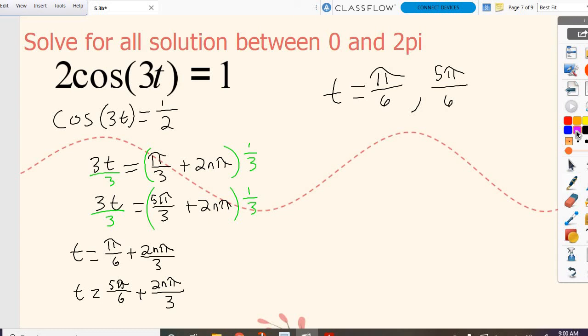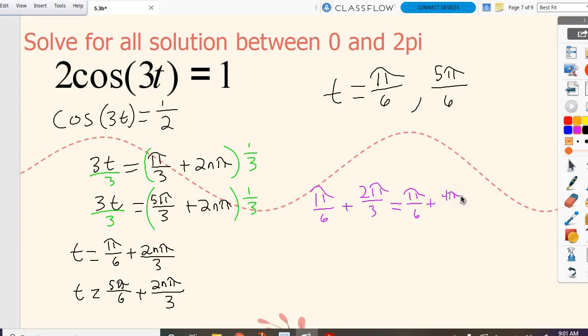If we plugged in 0, that's what's going to give us the π/6 and the 5π/6. If we plugged in 1, notice that we would get π/6 plus 2π/3. Remember, when we're dealing with radians, we're basically just dealing with fractions, so we need to find a common denominator.